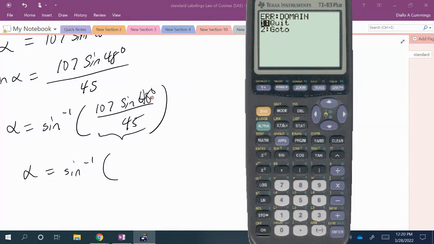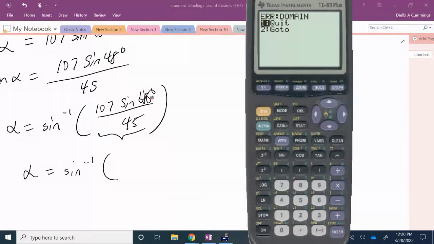I'm going to put in 107 times the sine of 48 degrees, close off the argument for sine, divided by 45.